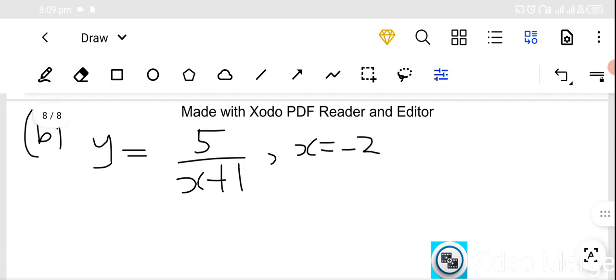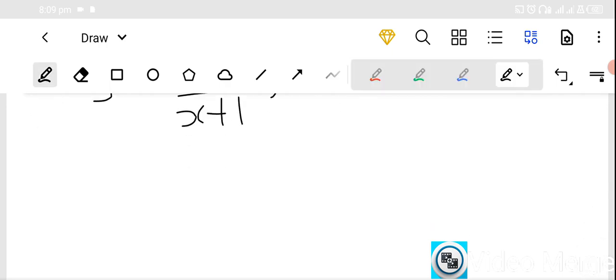And then if we were to continue, y can be written as y is equal to 5 multiplied by (x plus 1), this quantity raised to the power negative 1.